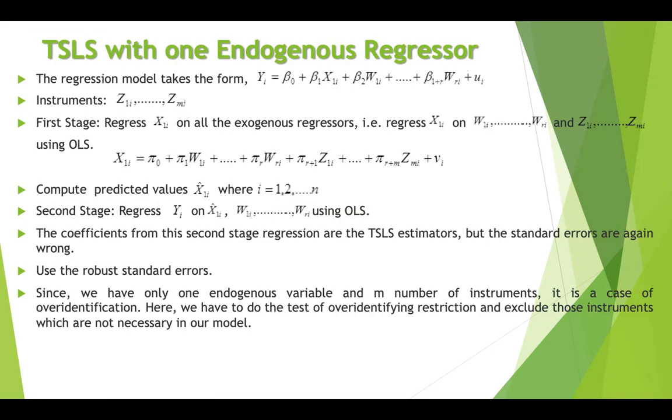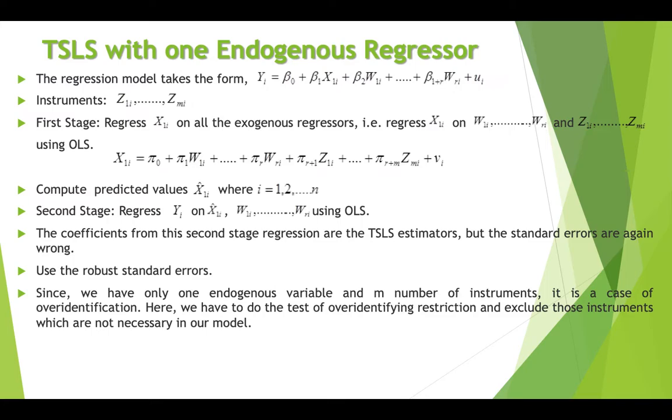So, suppose the case of one endogenous regressor and a number of instruments. So, yi equals beta 0 plus beta 1 x1i, this is the only endogenous variable, plus beta 2 w1i to beta 1 plus r wri, all of them exogenous variables given already, plus ui. So, there are m instruments z1i to zmi.